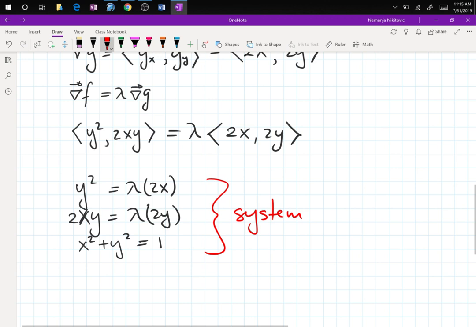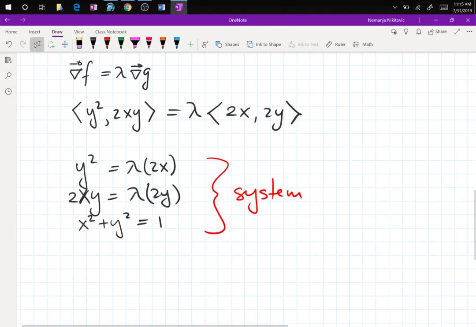We do not care about lambda. I know, sad and cruel. We only want x and y because those will give us points at which we get to see min and max. So you are going to somehow solve this nonlinear system.